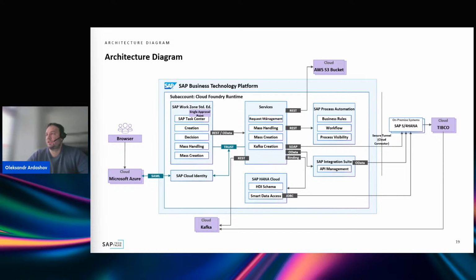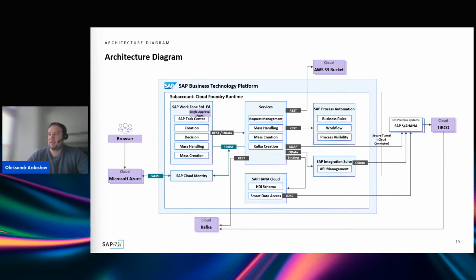All these communications are done with API calls. Again, we have certain services which communicate with the S/4HANA on-premise edition. They can communicate directly with S/4HANA through one type of interface, or they can communicate with API management.